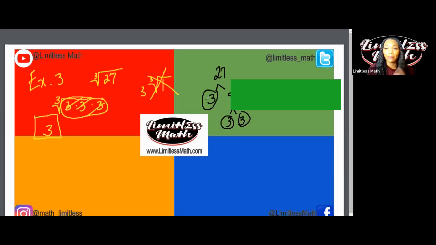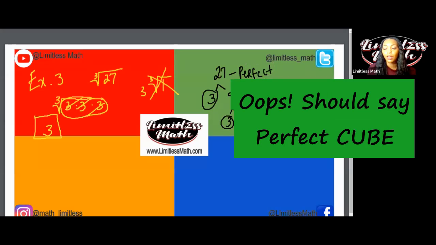You multiply the same number times itself 3 times. So 27 is a perfect cube, that's why we don't have anything left over. But the process was the same. You saw prime factorization and then circle 3 numbers because it's cube root and then pull it out. Okay, let's see another example.